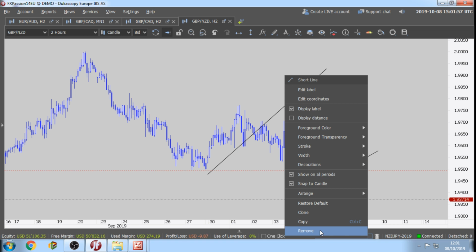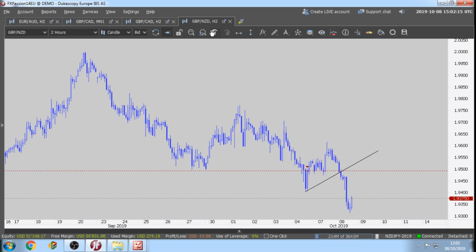You can do this on whatever, indicators, trend lines, text. And there is another cool feature here. I'm going to remove the trend line. You can go here and undo what you just did. It's a cool feature here. The two arrows, undo a drawing, yes.